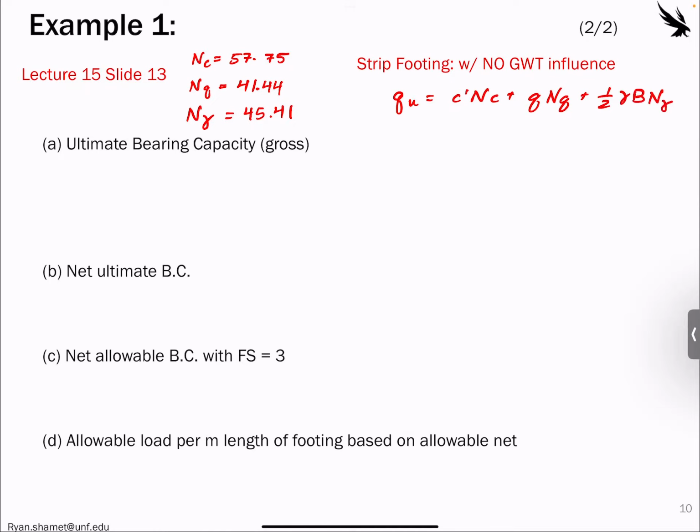So it'd be 1/2 with no coefficients over the cohesion term. So what we would do is plug everything in. Our cohesion is in kPa, so I'll just keep those units in there. And then our factors are unitless.